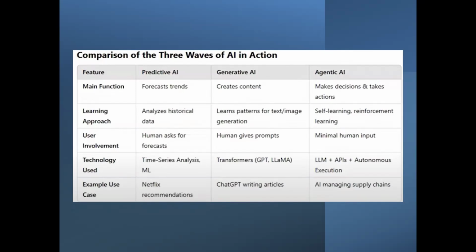On user involvement, a human asks for a forecast in predictive, a human gives prompts in generative, but there is minimal human intervention in agentic AI. Technology used: time series analysis and machine learning; transformer architectures like GPT and Llama; and LLMs plus APIs and autonomous execution roles. Example use cases: Netflix recommendations, ChatGPT writing articles, and AI managing supply chains.